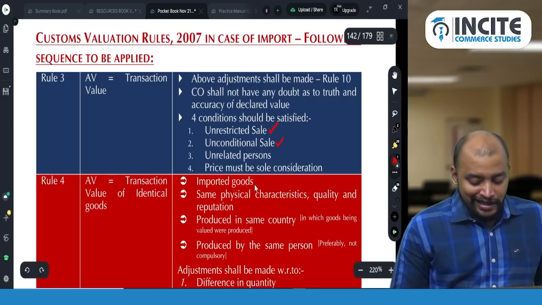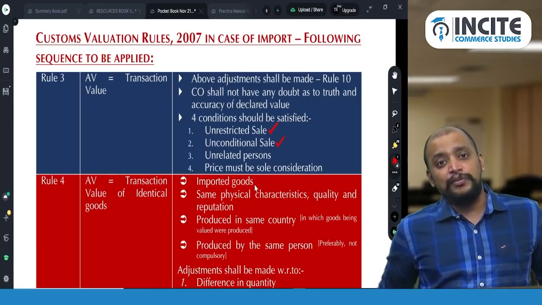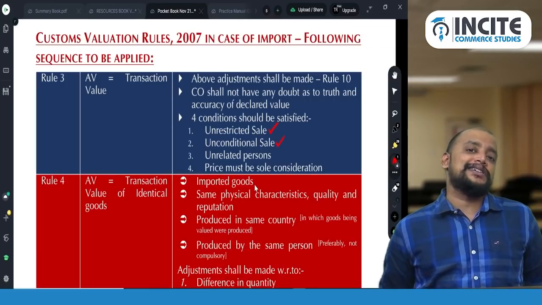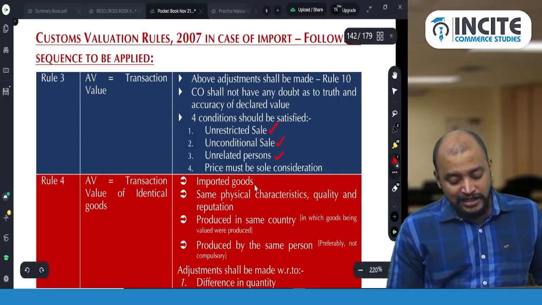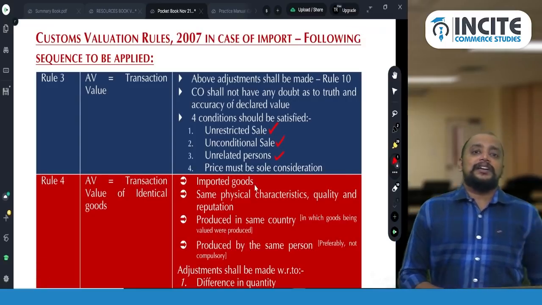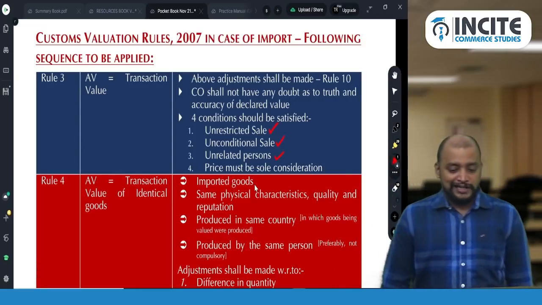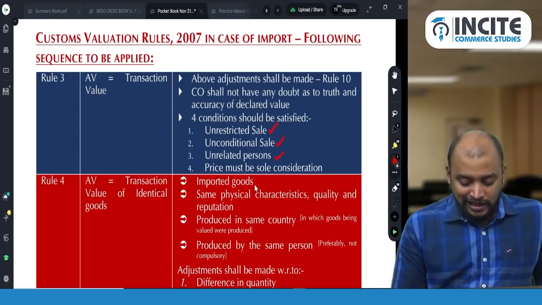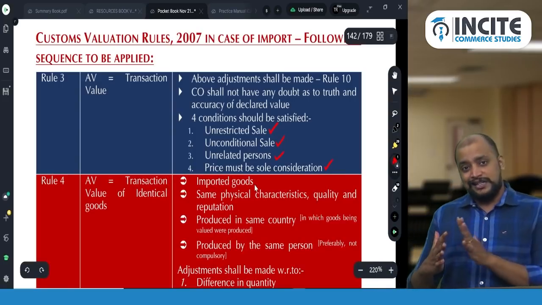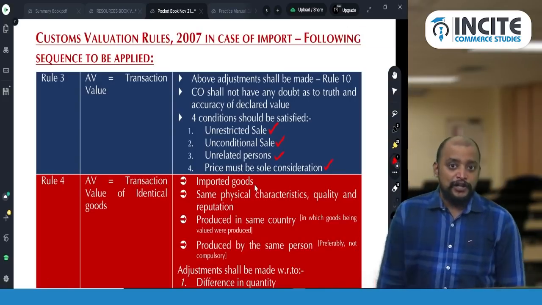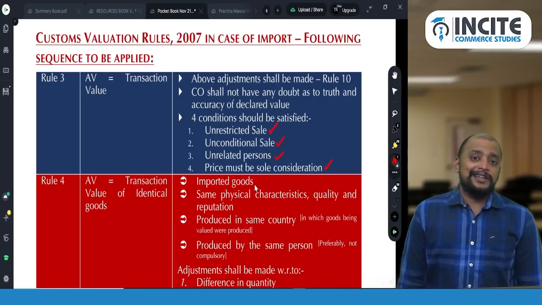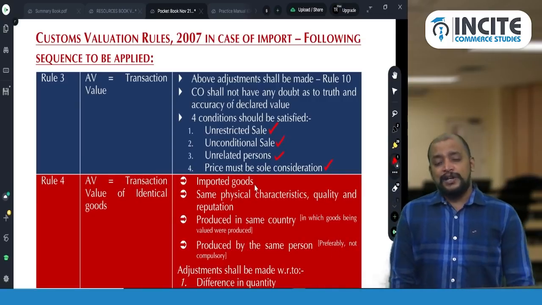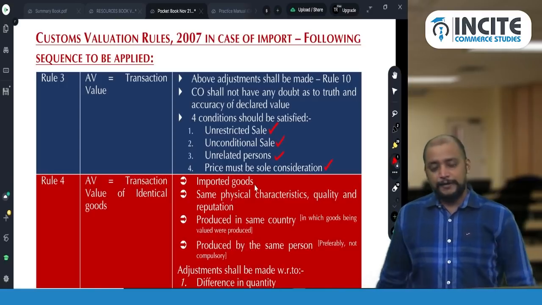It should be an unconditional sale, meaning the exporter should not put any conditions on the importer. The supplier and recipient, that is exporter and importer, should be unrelated, and price must be the sole consideration. If all these conditions are satisfied, then we will take the transaction value. But even if these conditions are satisfied, if the customs officer is of the opinion that the value is not correct, he may reject the value. That is what Rule 3 says.